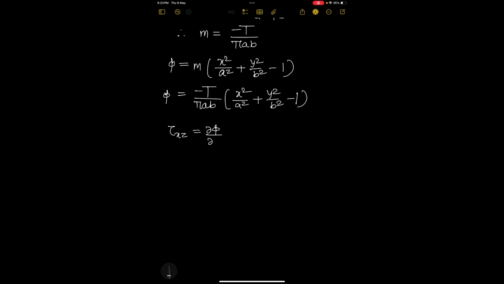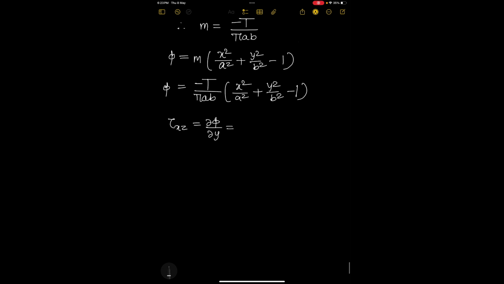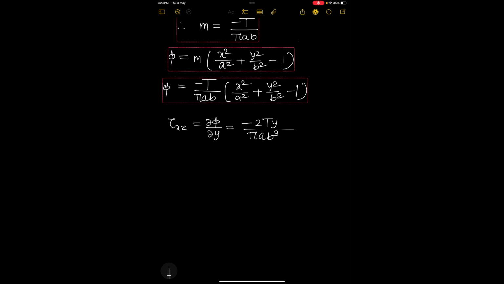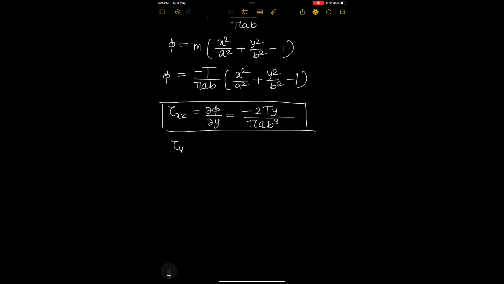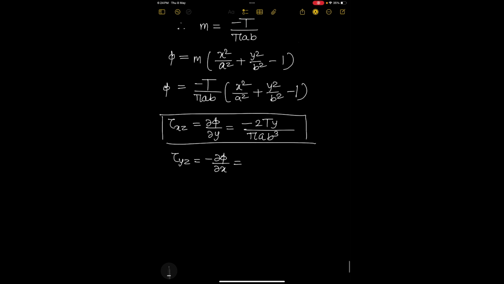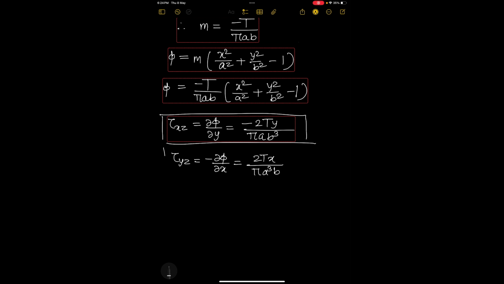So tau xz is given by dou phi by dou y, which can be written as minus 2Ty divided by pi a b cubed. And tau yz is given by minus dou phi by dou x, which can be written as plus 2Tx divided by pi a cubed b.